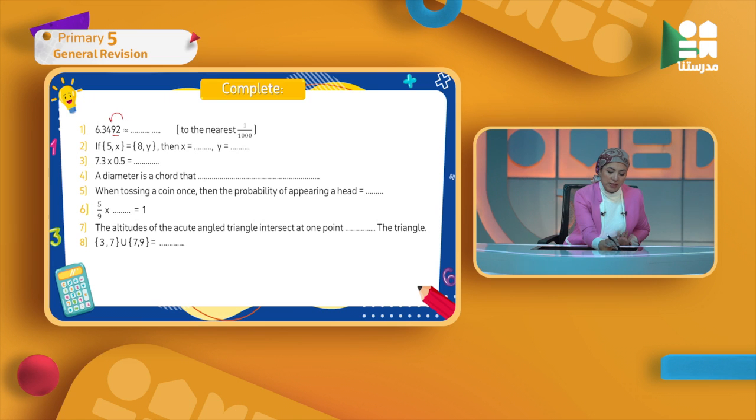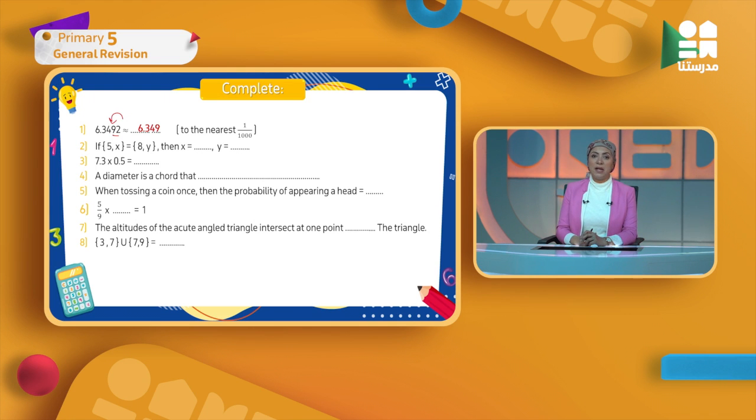Then the neighbor is the 2. طيب ال 2 دي قوية ولا ضعيفة؟ It is weak. So the 9 remains as it is and the 2 will be turned to 0. لما بيبقى ال 0 بعد ال decimal point I can put it or erase it. So here it's 6.349 أو 6.3490 اللي بيريحكم.